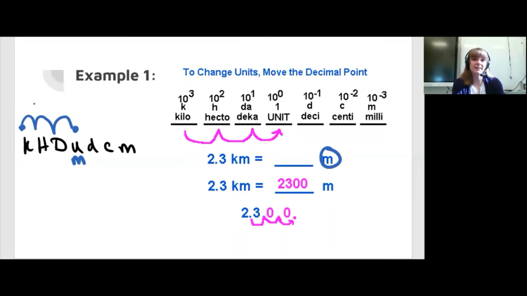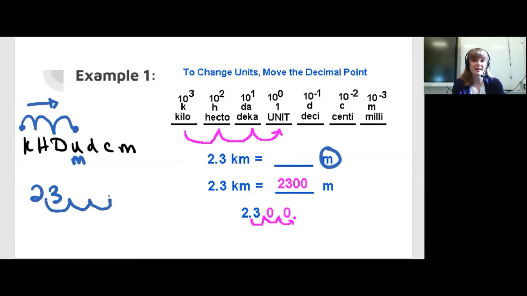Now, notice the direction that I'm going in. I'm going towards the right. Basically, this means I'm going to move my decimal 3 jumps to the right. If I draw it out, it looks like this: 1, 2, 3.